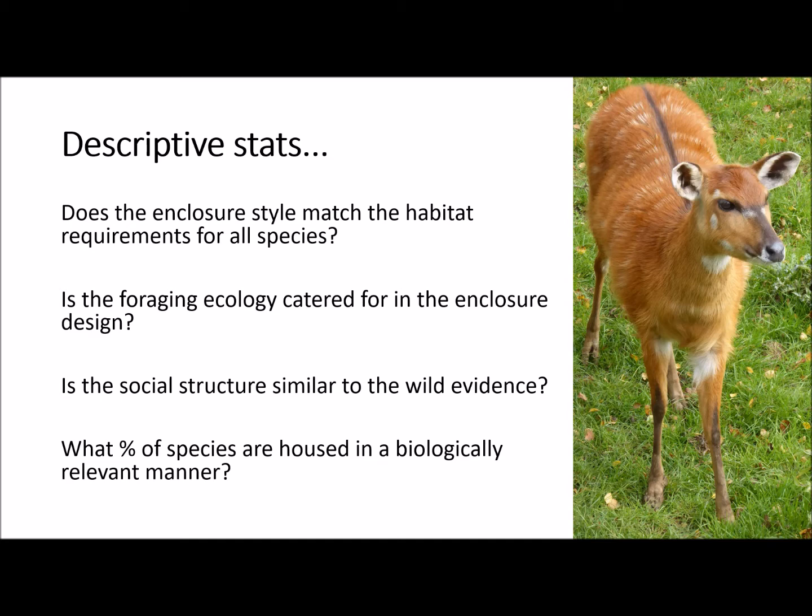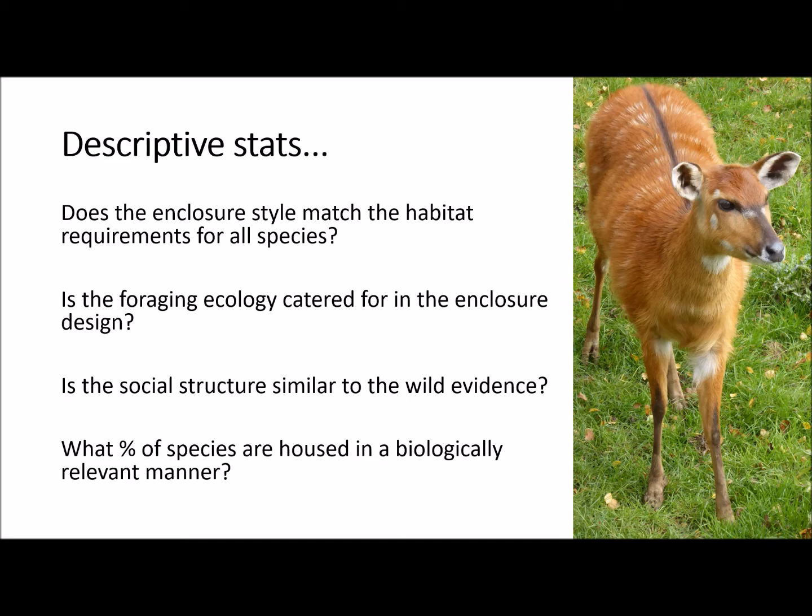We could also look to see if their social structure is similar to the wild evidence we have gathered. So you would simply count the number and sexes of the animals in the group if sex is identifiable. For example, this is a female Sitatunga. The male will have horns.